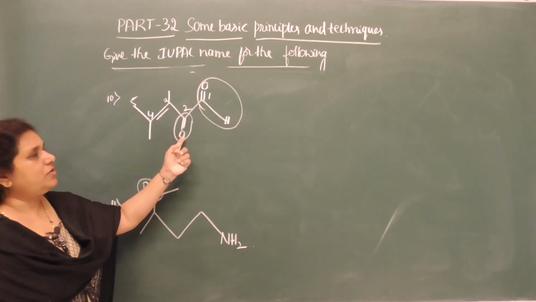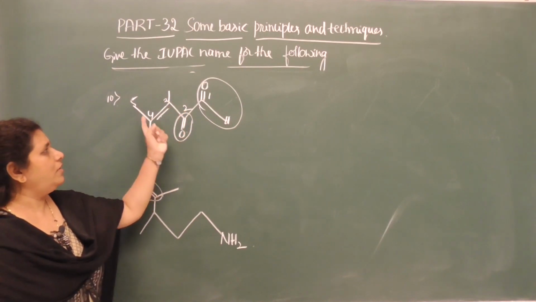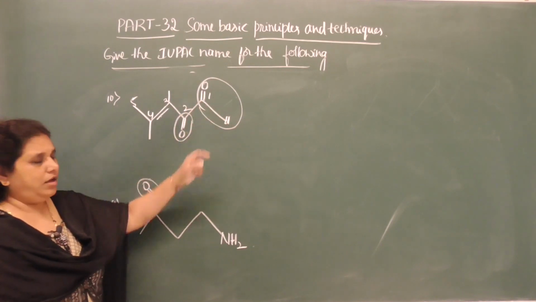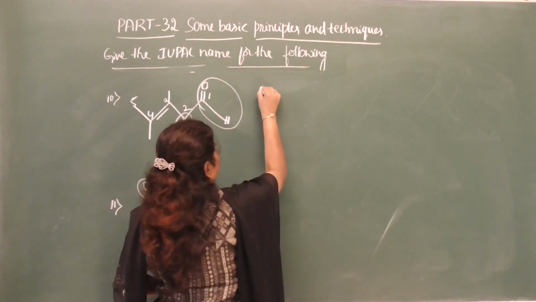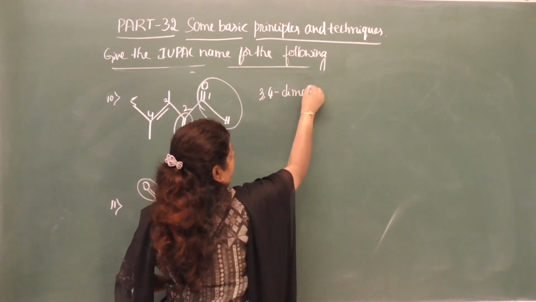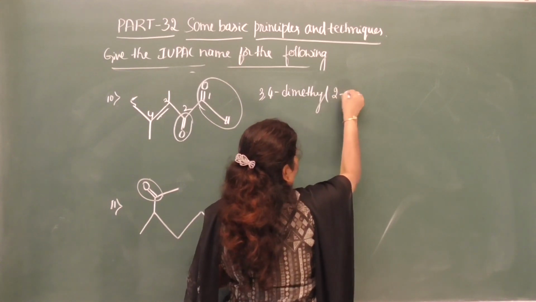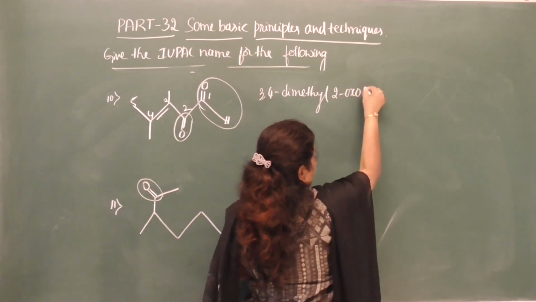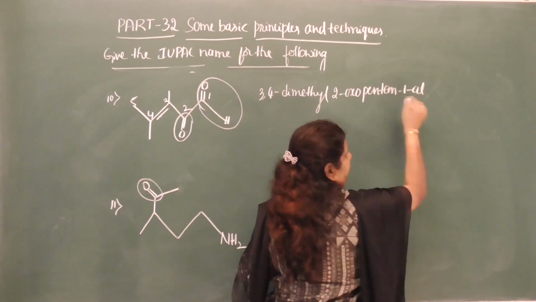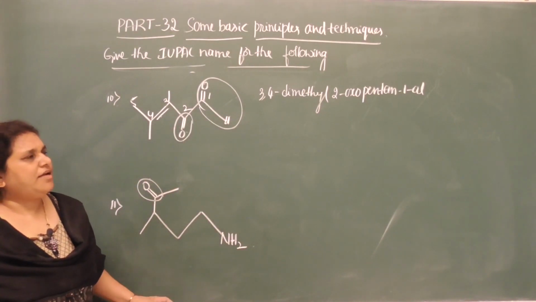So when it is oxo, then 3,4-dimethyl, 2-oxo, pentane, 1-al. The name is 3,4-dimethyl, 2-oxo, pentane, 1-al, or you can write it as pentanal. You can ignore the locant one of the aldehyde functional group.